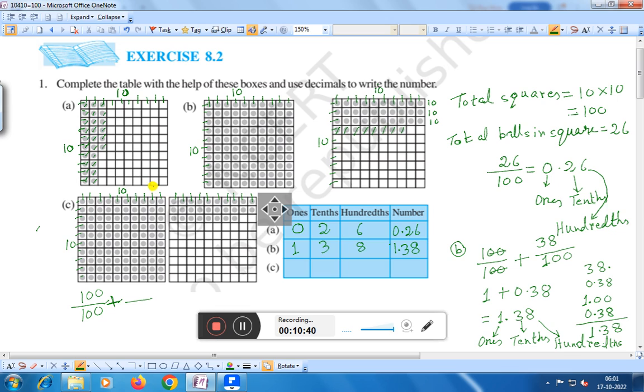In vertical direction, you count 1, 2, 3, 4, 5, 6, 7, 8, 9, 10. That is 10 into 10 is 100. That means total squares is 100. And how many balls are there in the squares? Then you have to count again.